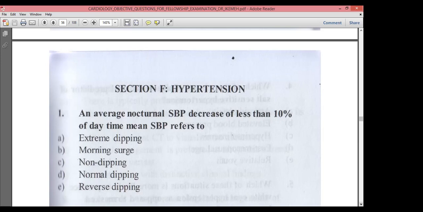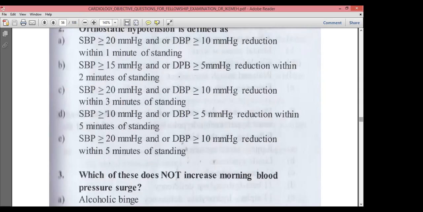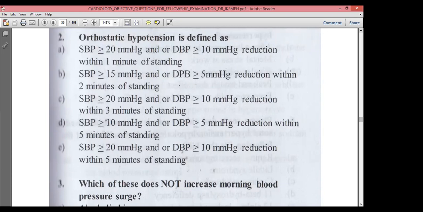Okay, number two, can I proceed? Orthostatic hypotension is defined as: A, systolic blood pressure more than or equal to 20 millimeter of mercury and or diastolic blood pressure more than or equal to 10 millimeter of mercury reduction within 1 minute of standing.